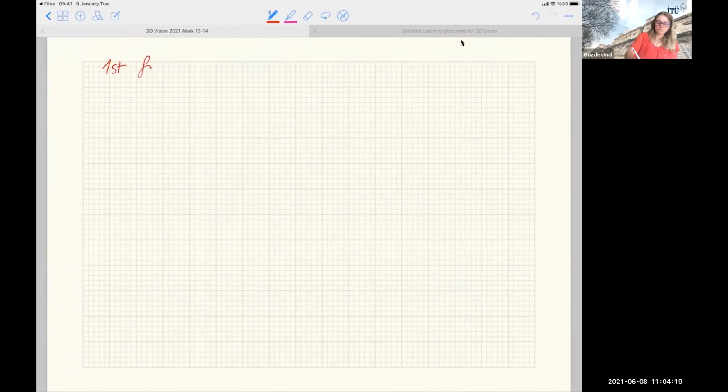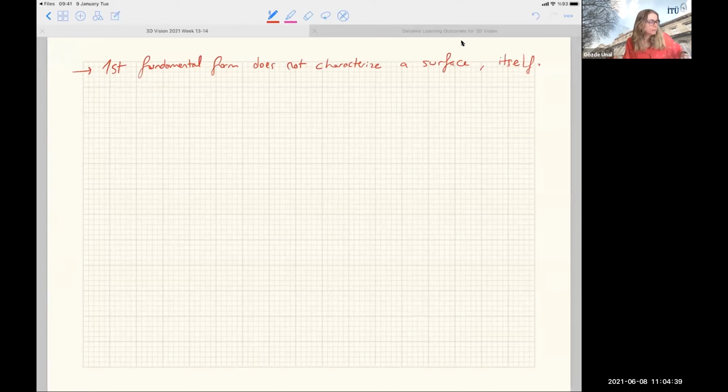So we should say the first fundamental form by itself does not characterize a surface. Okay, let's look at maybe other examples.